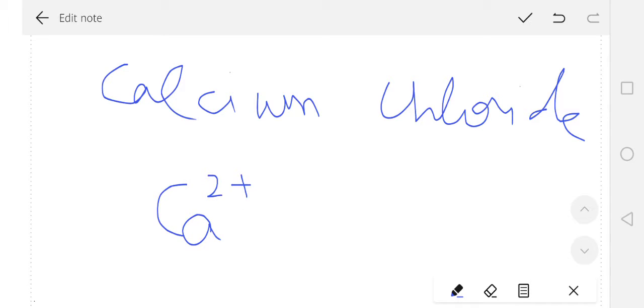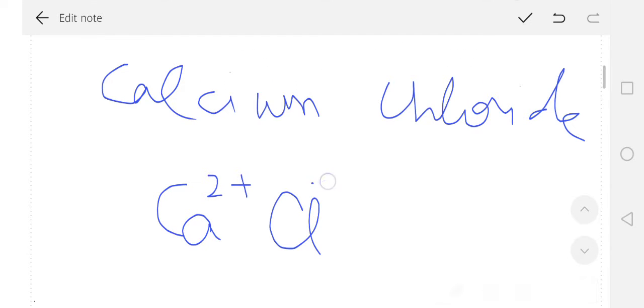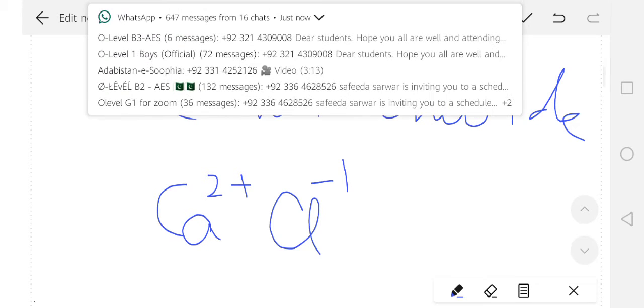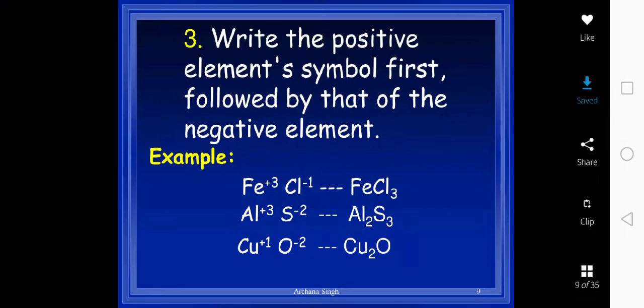You first write calcium and then chloride, and chloride belongs to group number 7, so its valency should be 1 minus. So this is how you determine the valency and write the positive ion first and then the negative ion. All the non-metals are negative, all the metals are positive. So you write metal first and then non-metal.